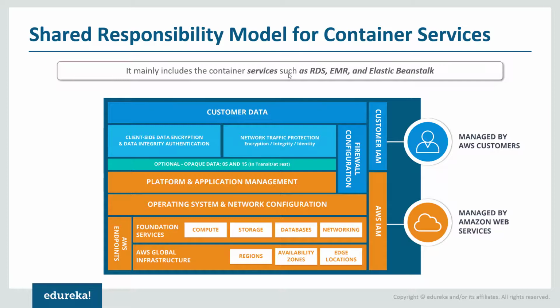However, client-side encryption, data integrity authentication, network traffic protection like encryption, integrity, identity management, as well as customer data, which includes customer IAM, firewall configuration, should be managed by us as an AWS customer.